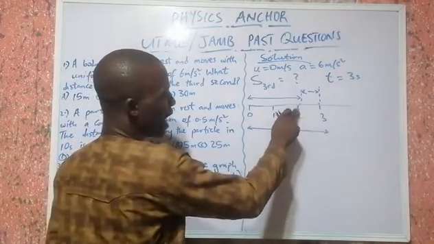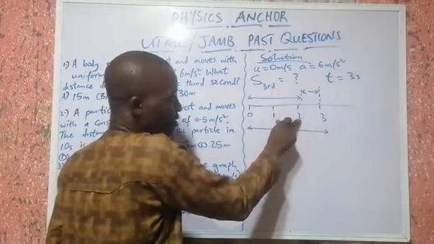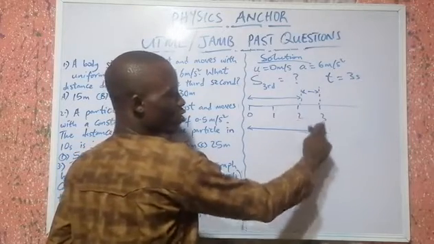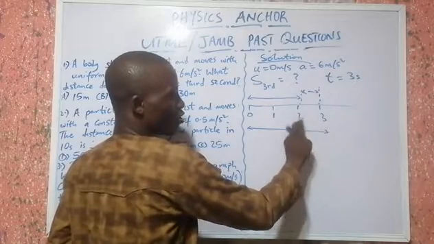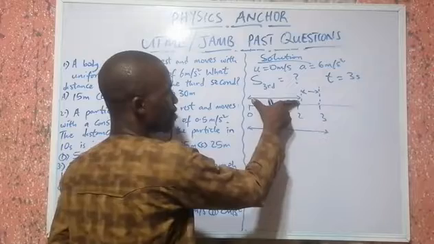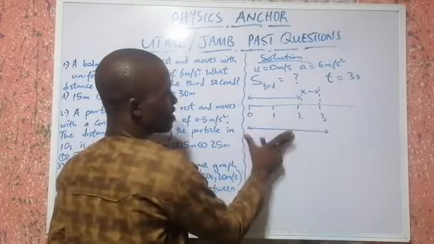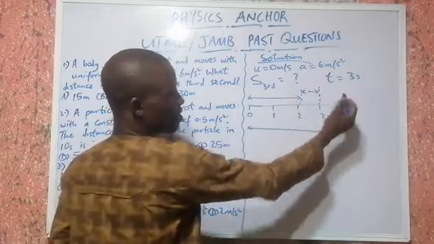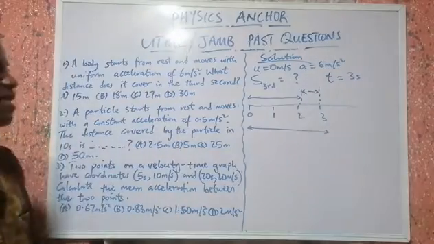The third second happens between 2 seconds and 3 seconds, that's 3 minus 2. So this one minus this will give us this one. It's just arithmetic.